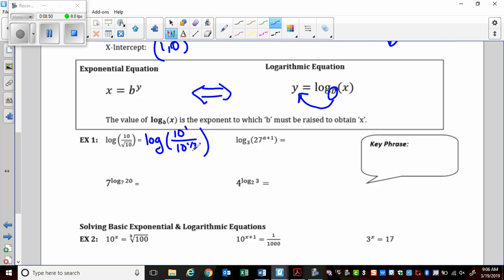So 1 minus 1/2 is 1/2. So this is equal to log of 10 to the 1/2, or square root of 10. And since there's a log with base 10, since we don't have a base, we know that's base 10, these are going to cancel, and we're going to be left with this exponent right here, which is just 1/2.